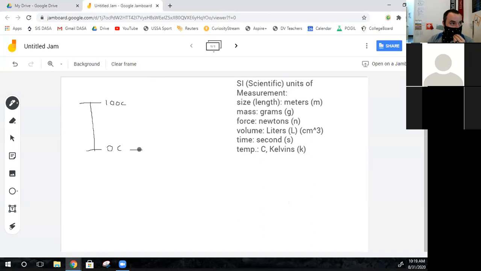Fahrenheit looks like this in relation to this. Let me erase this. Fahrenheit looks like this. That 0 is down here, 0F. And 100 is like here.